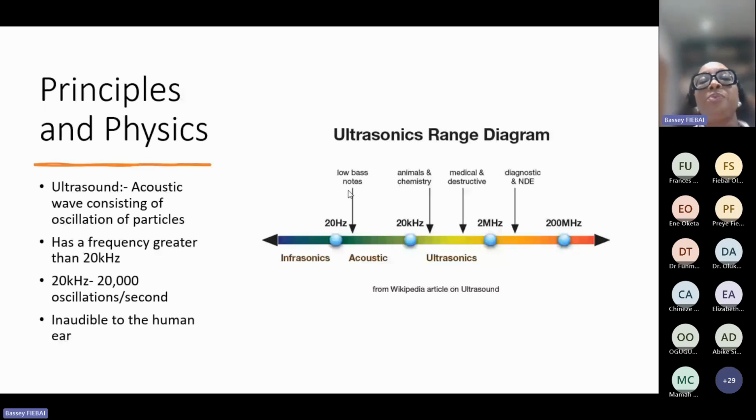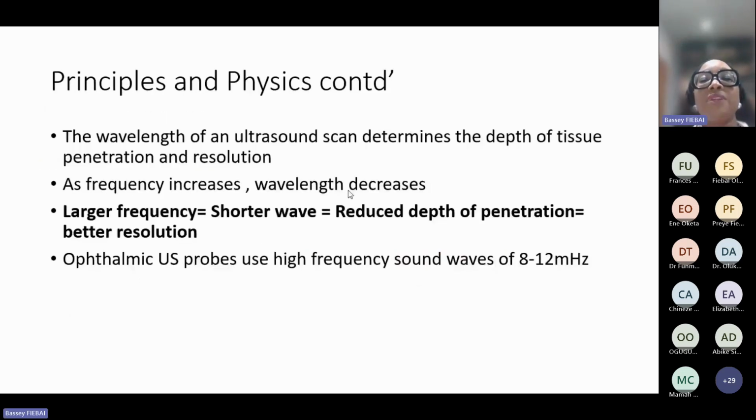So the key principles to understand: the wavelength of an ultrasound scan determines the depth of tissue penetration and resolution. It's important that we understand this because we will see why abdominal scans don't have quite as good a resolution as the ocular scans.